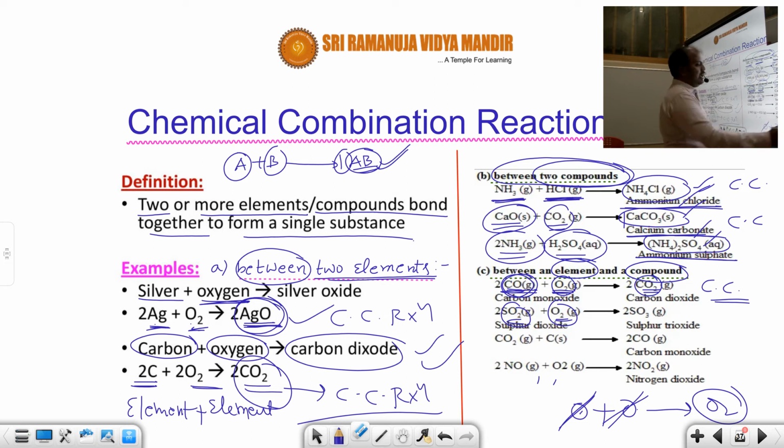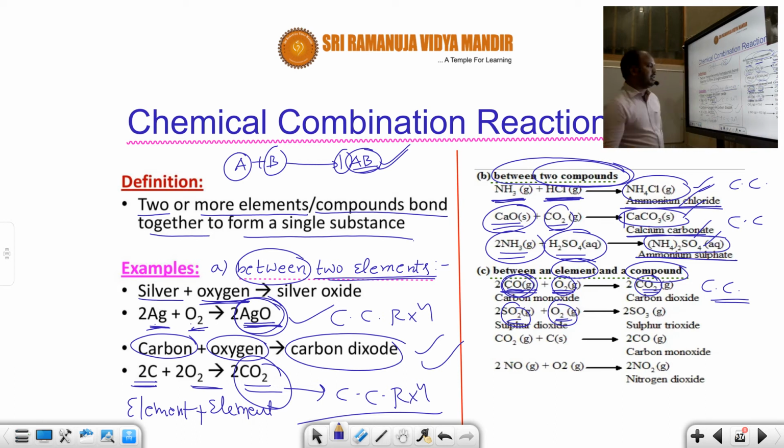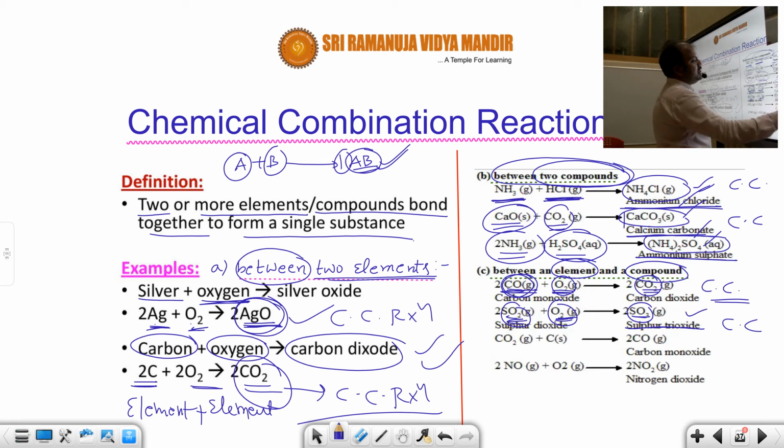That's why this is the element. Identical atoms are called an element. Different atoms are a compound. Sulfur dioxide is the compound, oxygen is the element. So sulfur dioxide gas is reacted with oxygen gas to form only one new substance, that is sulfur trioxide. So one new substance is formed. That's why this is a chemical composition reaction.